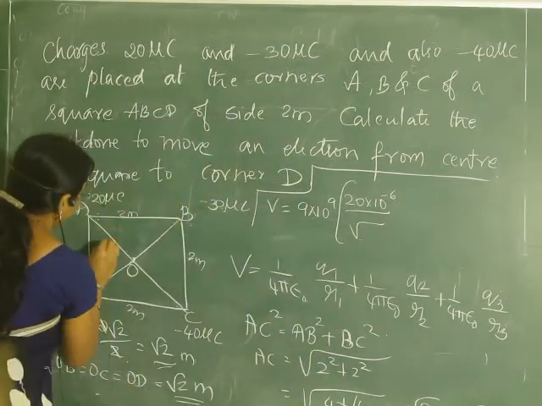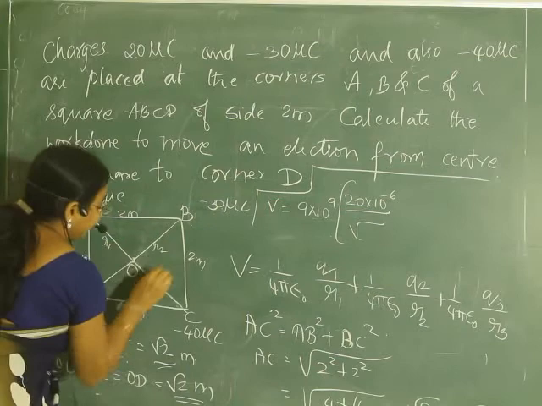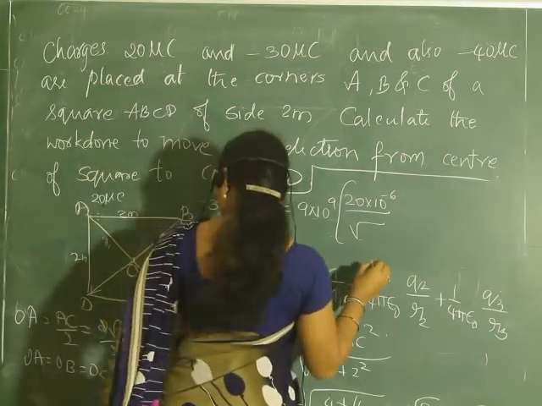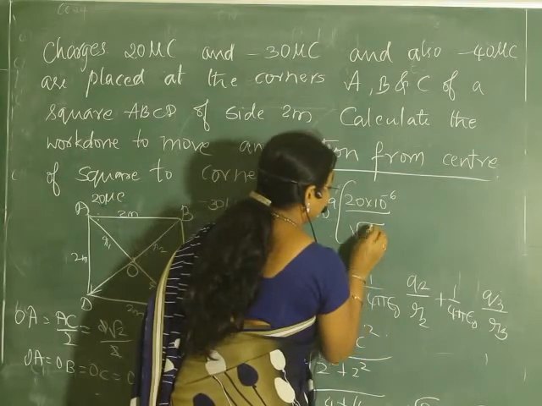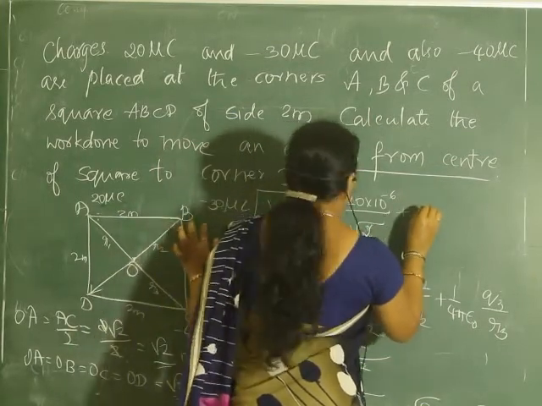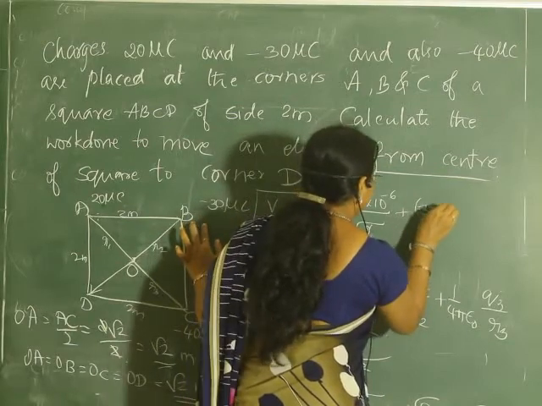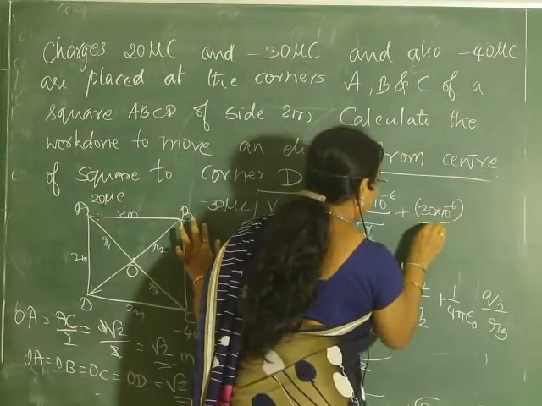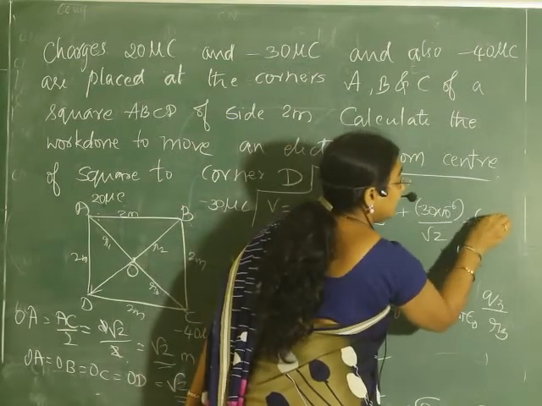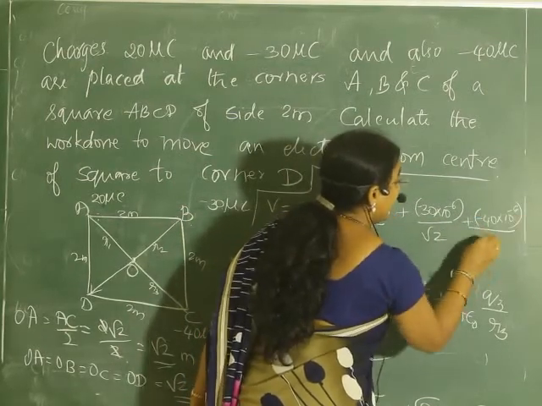R1 is this one, R2, R3. OA is how much? Root 2, plus minus 30 into 10 to the power minus 6 by root 2, plus minus 40 into 10 to the power minus 6 by root 2.